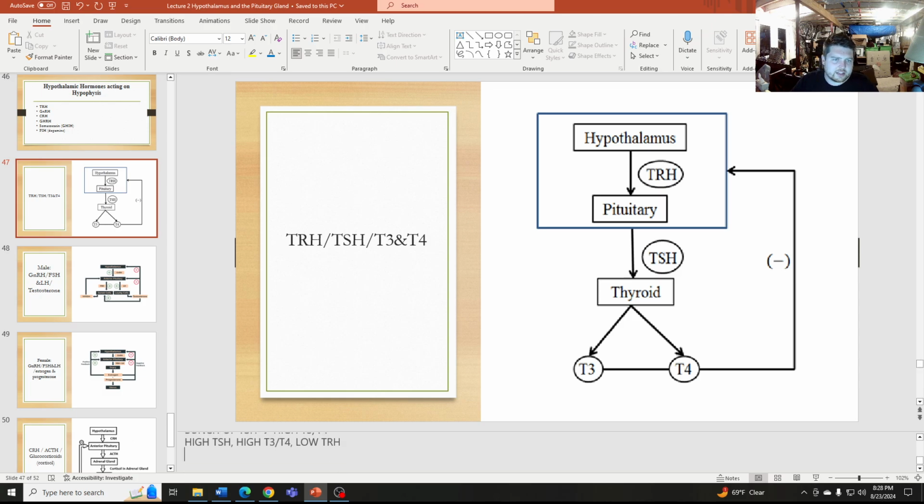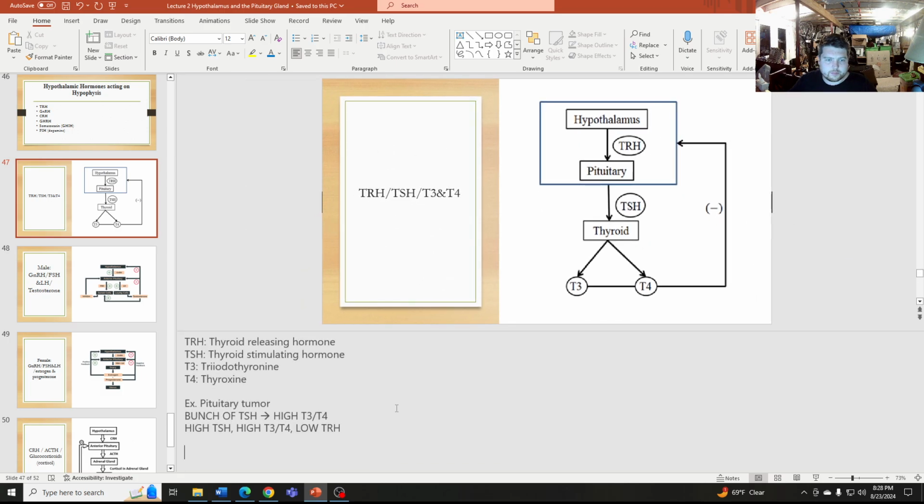What about if the thyroid is the issue? What about a thyroid tumor? So let's see, because of the thyroid tumor, the thyroid is the issue. We have a bunch of T3, T4 being released with no TSH or TRH being released.